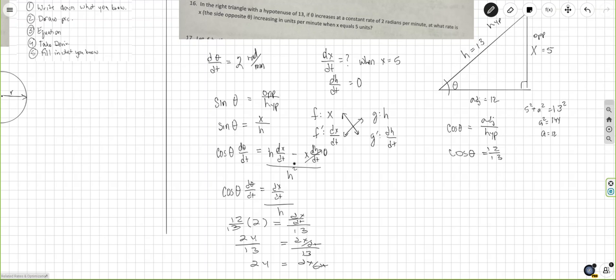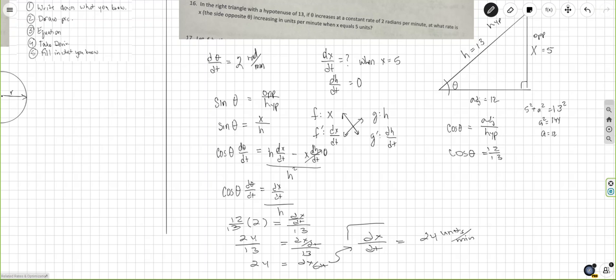They just told us radians per minute. So it's going to be 24 units per minute, I guess. I hate it when they do that. They really need to give you length. So dx/dt winds up being 24 units per minute.